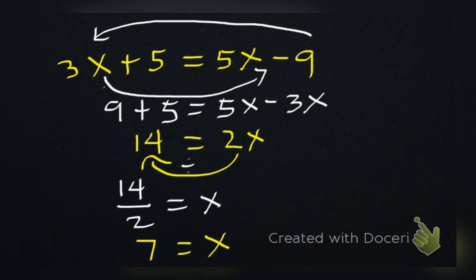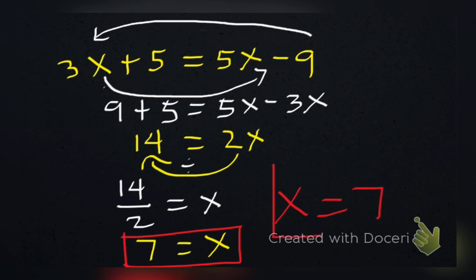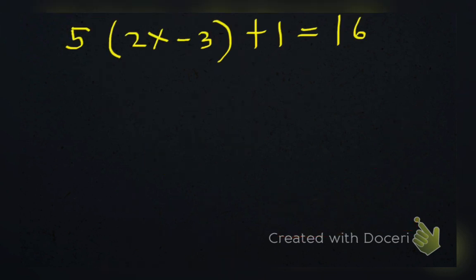X equals 7, or 7 equals x. Doesn't matter. It's already x. So x equals 7. So Mr. X equals 7. There you go. That's your answer. So it's only in math that we will keep looking for x.